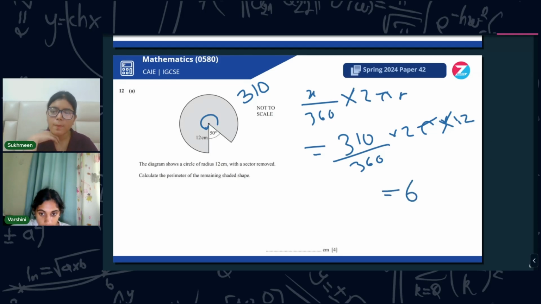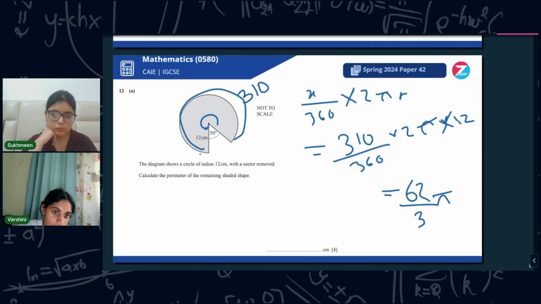Right now we'll leave it as pi before we get the final answer, because we don't want to mess up any of our other calculations. And remember, lastly, we need these bits. We found this shape, but we also need these lines, and we know that the radius is 12. So it's going to be 62 by 3 pi plus 2 into 12.